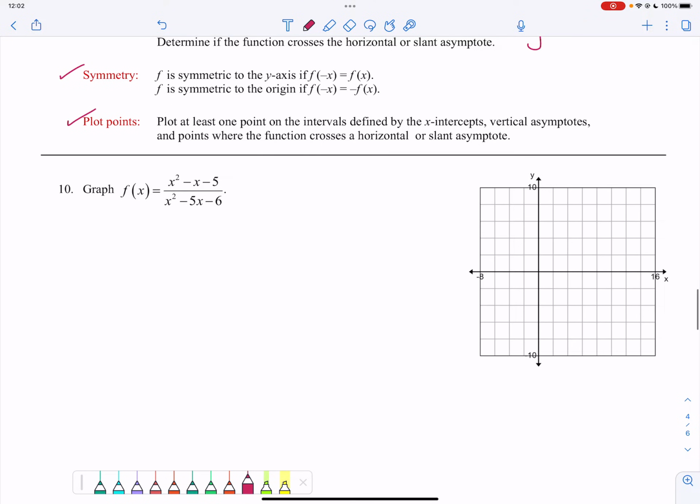So to find our x-intercept, we will let y be 0. And this is actually a typo. This should say 6.